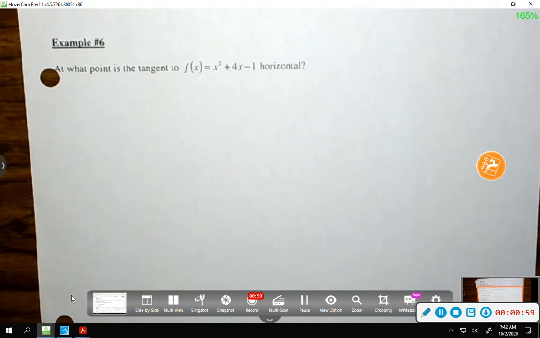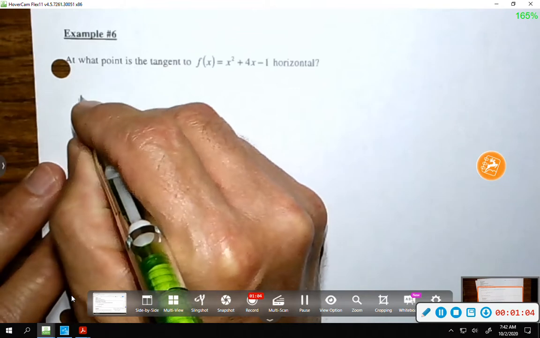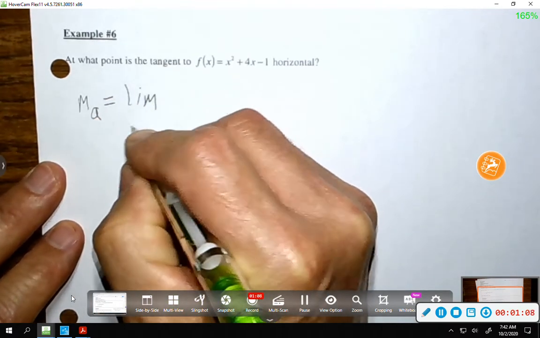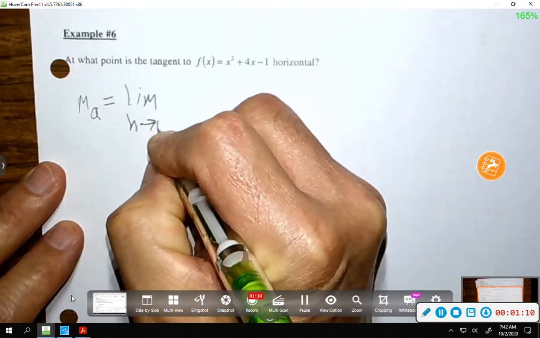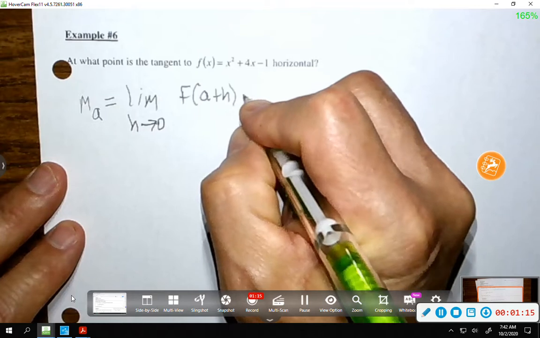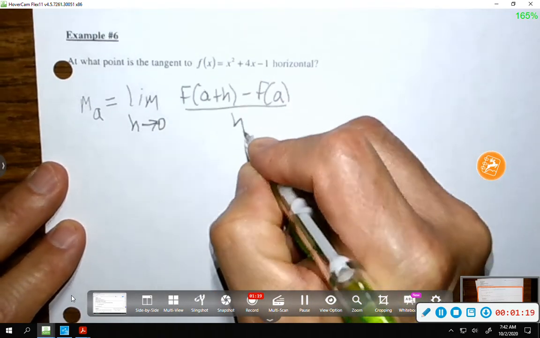So let's start with our limit definition of slope at a point. Slope at a is the limit as h approaches 0 of f of a plus h minus f at a, all over h.